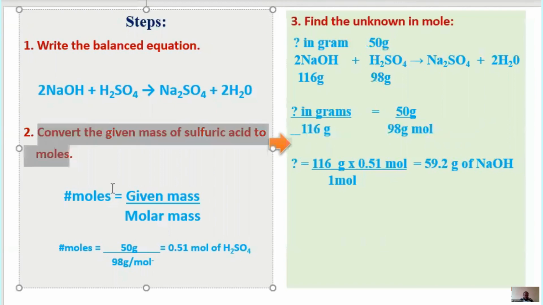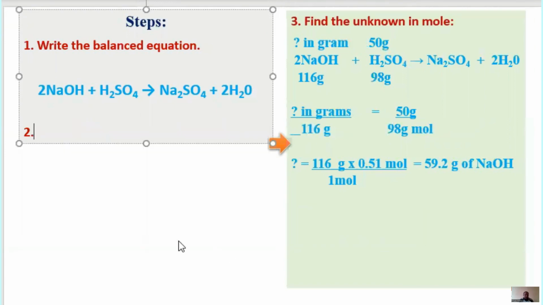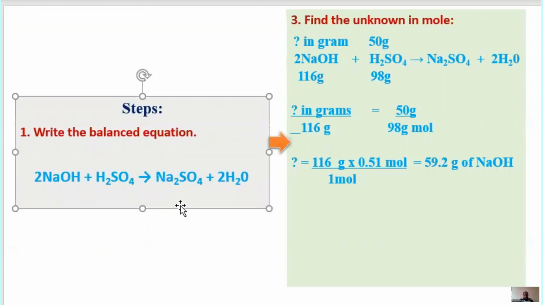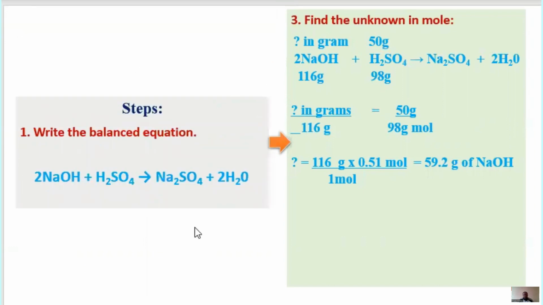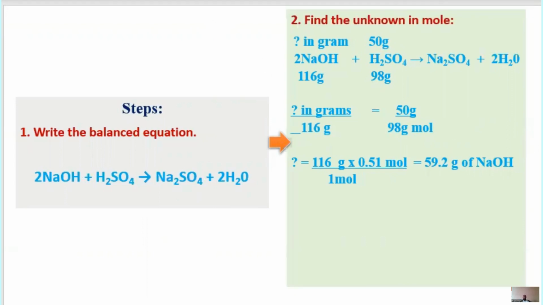Cancel this one because this is a copy paste from the previous step. From the previous step, find the unknown, and this is the second step, because it has only two steps, using the mass ratio method.